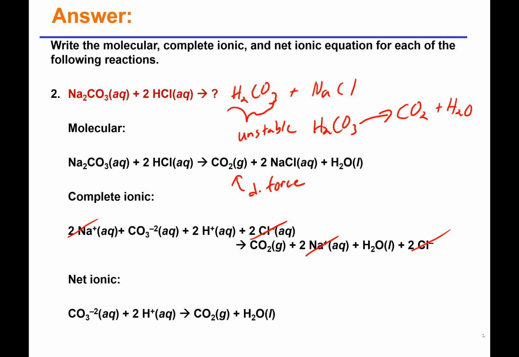So my net ionic, I have carbonate combining with H plus to give me CO2 and water. Okay, so again, if you predicted this, you're on the right track. Then it's just having to recognize that it's unstable and so it breaks down.